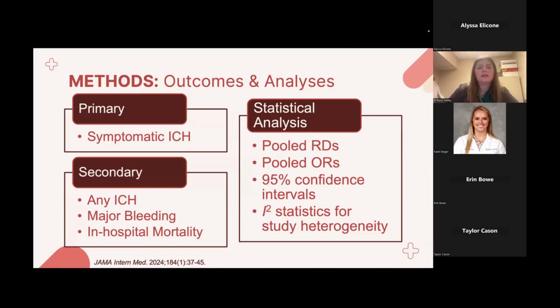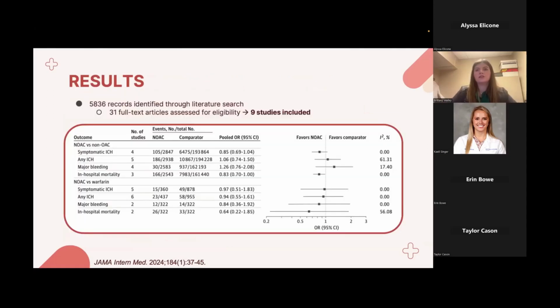Data was evaluated using a pooled risk difference and odds ratios with 95% confidence intervals. The original literature search yielded 5,836 results, and after application of inclusion-exclusion criteria, 9 studies were included in the meta-analysis. 5 of those studies had already been included in the meta-analysis in the background section that I talked about, and there were 3 additional studies that were identified through the literature search.